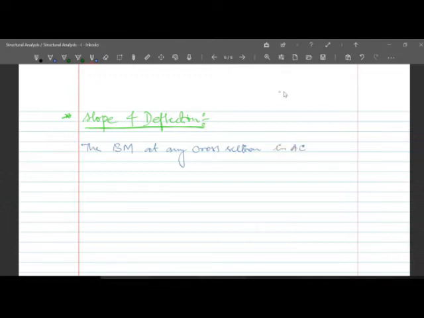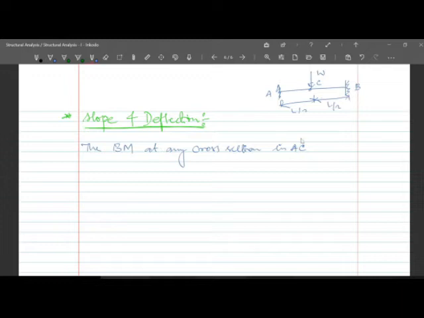Let me draw it once again. This is A, this is C, this is B, and here at C we have a load W, and it is L by 2, this is L by 2.